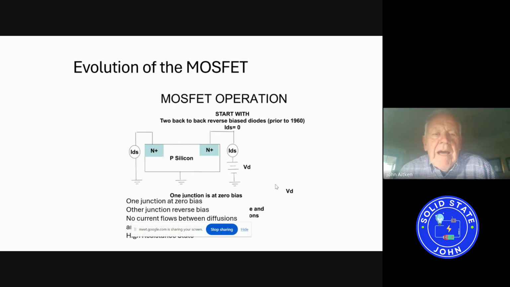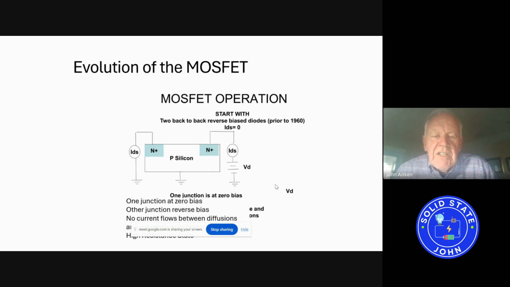I want to take you back a little bit to the evolution of the MOSFET. In the early days of semiconductor technology, there was no such thing as a MOSFET. Only later on, as the MOSFET technology developed, did this device emerge. In the early days, prior to about 1960, you would start with two back-to-back reverse bias diodes.